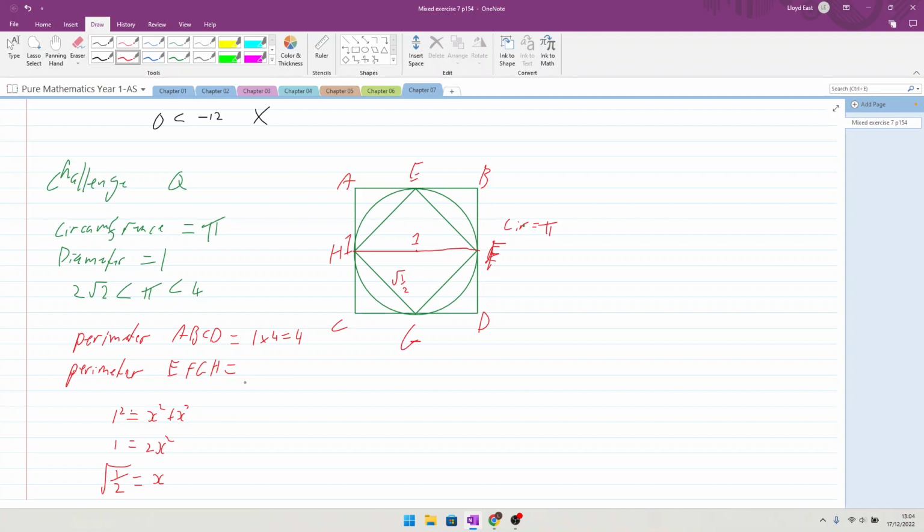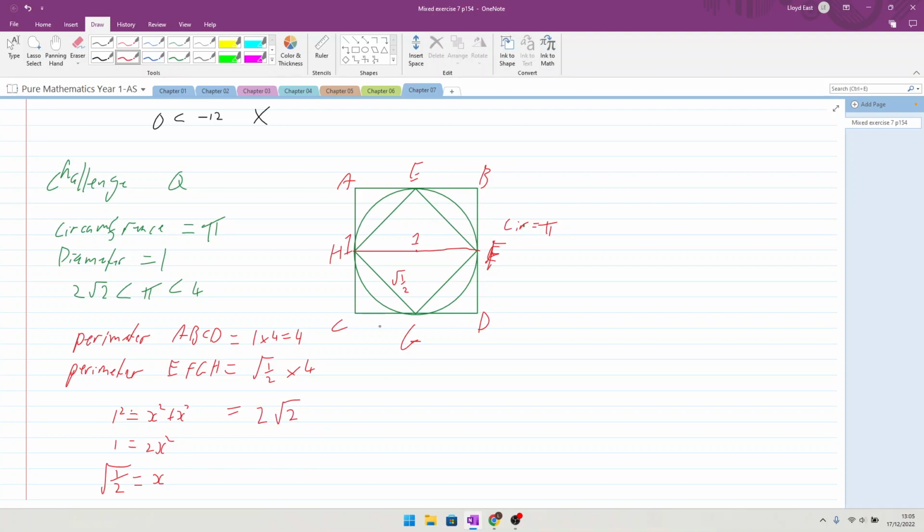The sides in here were 1. Okay, so what do we have? We've got the square root of a half times 4. And the square root of a half times 4 is, pretty sure it's root 2, but anyway, times 4 is 2 root 2.